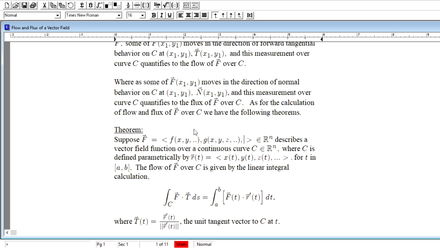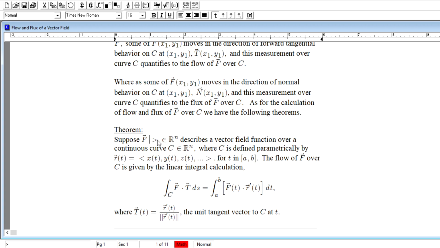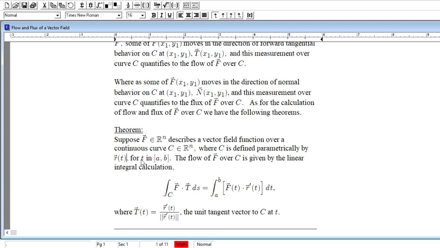That vector field is described by some n-dimensional vector, where what we're able to do with these descriptions of x, y, z, and so forth is go into our descriptions of little f, little g, and so forth, and replace all the x's, y's, and z's with their expressions in terms of t. What that prepares for us is the quantity we call F bar of t.